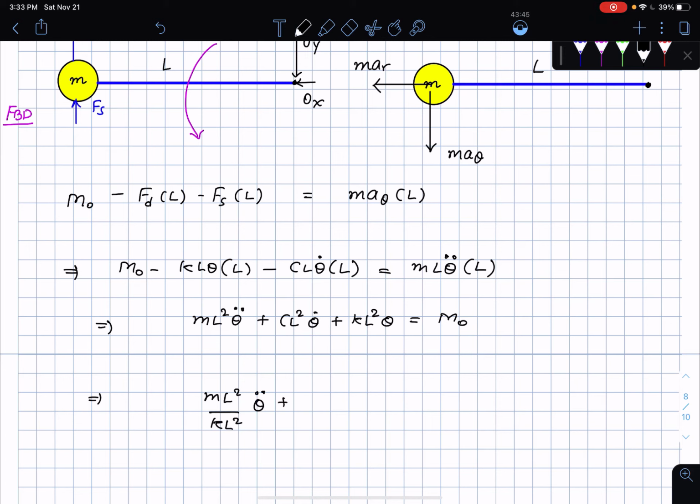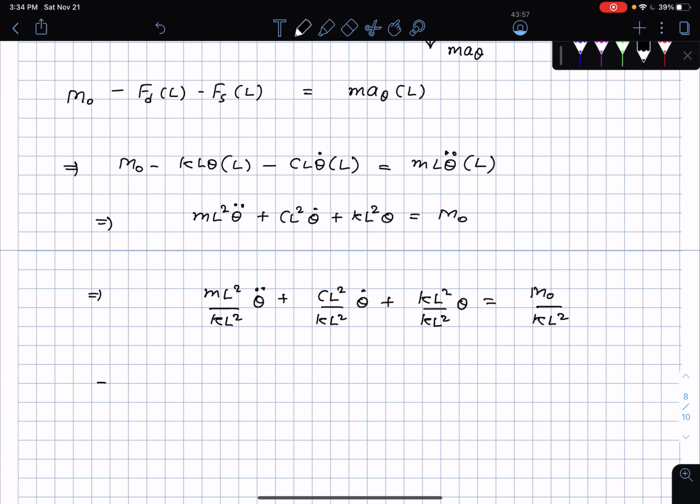theta double dot, then I'm going to have cL square by kL square theta dot, kL square by kL square, of course, theta. That's going to be M naught by kL square, or I can write this in a standard form. The L square cancel off, and all of this cancels off here.